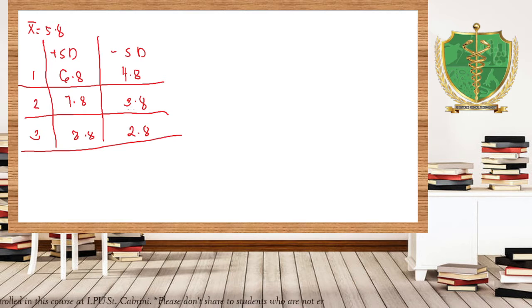So this is our positive and negative 1 SD. This one is our positive and negative 2 SD. And positive 3 and negative 3 SD.